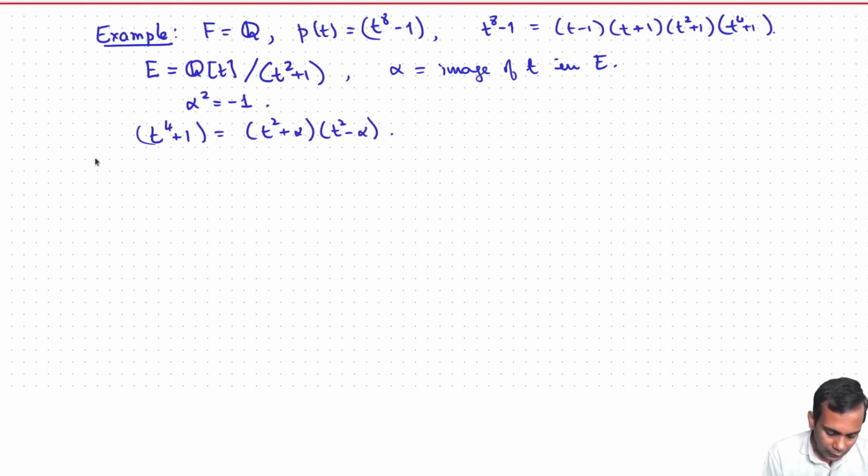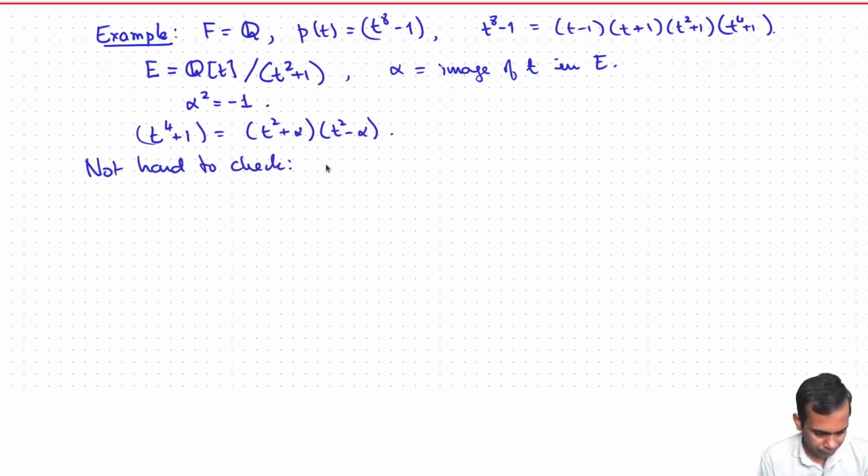It's not hard to check that there does not exist any element x in E such that x squared equals alpha or x squared equals -alpha.